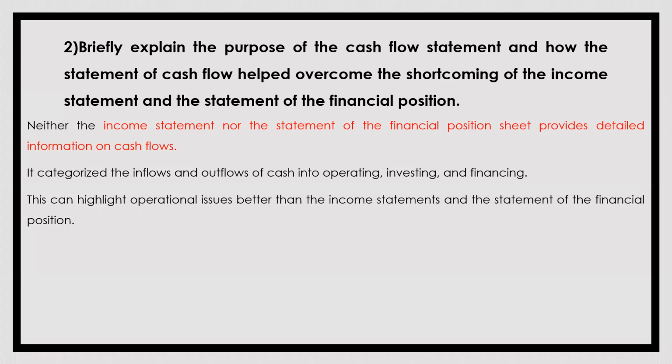If we have a negative cash flow in investing, we can see we have purchased new assets, but we have not utilized them in the operations. That's why we have a negative cash flow in the investing activities.